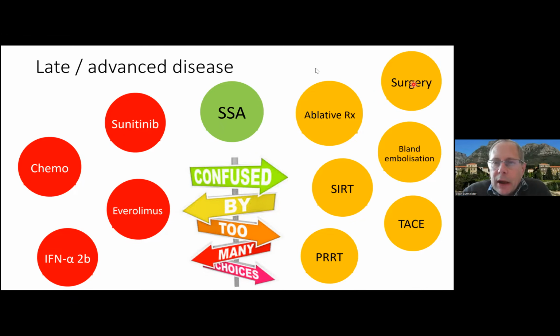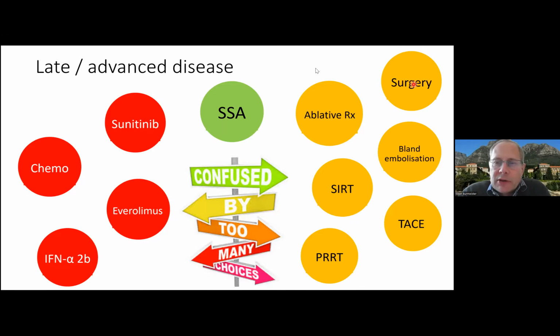And that would often be our next choice after somatostatin analogs, bearing in mind that in the state sector, we don't have access to somatostatin analogs in any case. So in fact, PRRT has become our second-line option secondary to surgery.